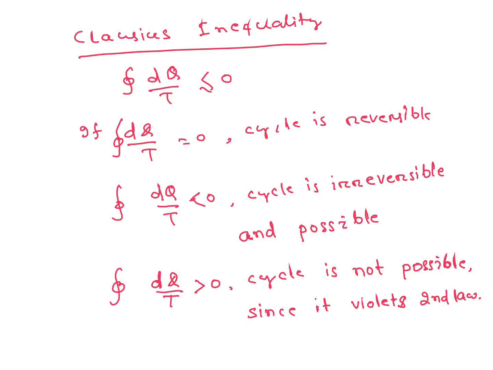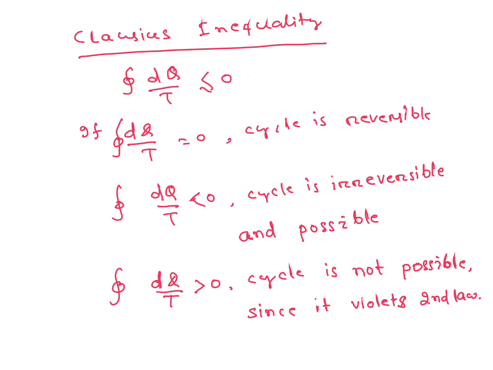Next, if the cyclic integral of dq by T is less than 0, then the cycle is irreversible and the cycle is possible. And if the cyclic integral of dq by T is greater than 0, the cycle is not possible since it violates the second law of thermodynamics.